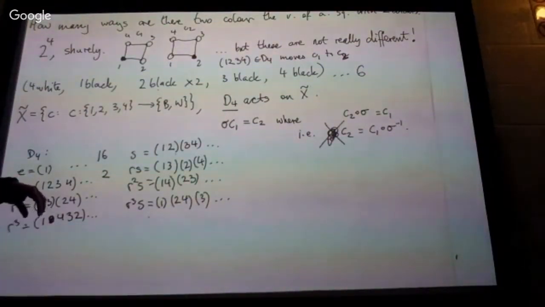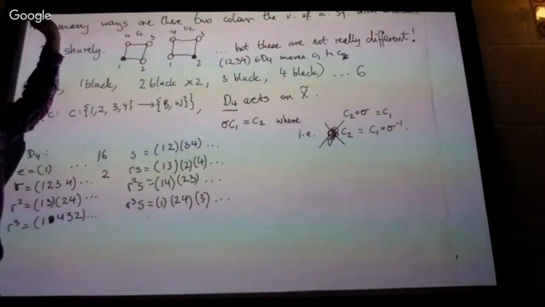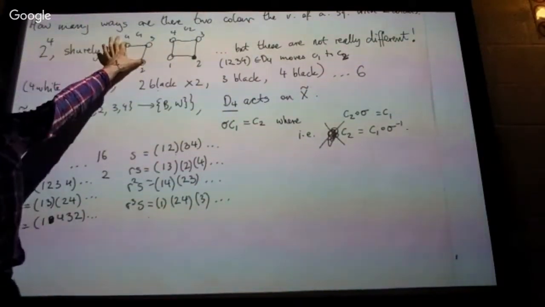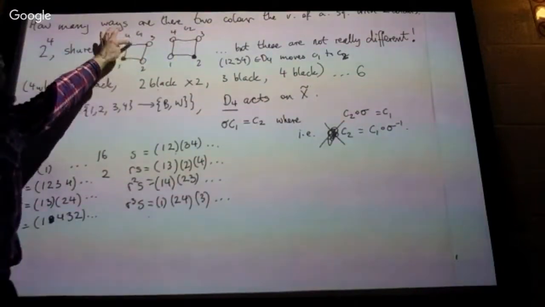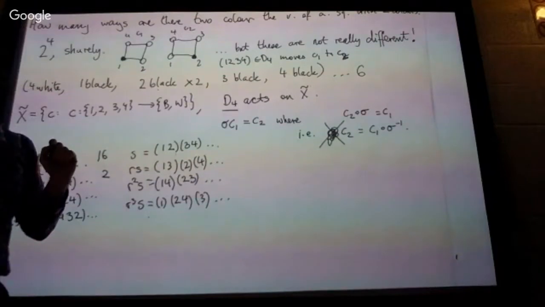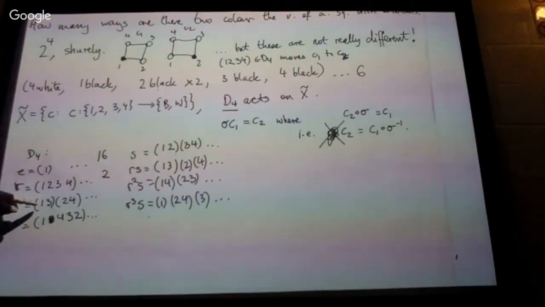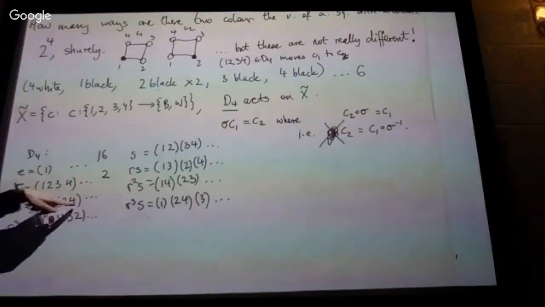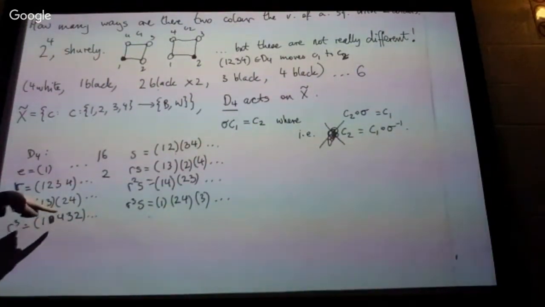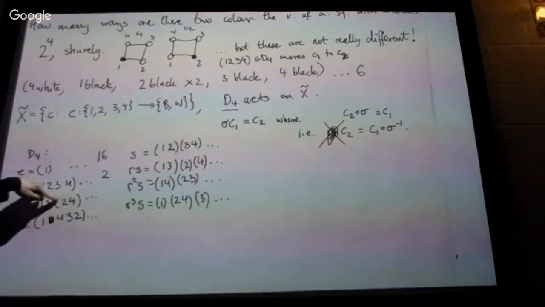Rotation by 2, that means that these 2 vertices have to have the same color, and these 2 vertices have to have the same color. That one goes there and that one goes there. When you look at this, 1 goes to 3, goes to 1. So they can have one color, they can have another color.